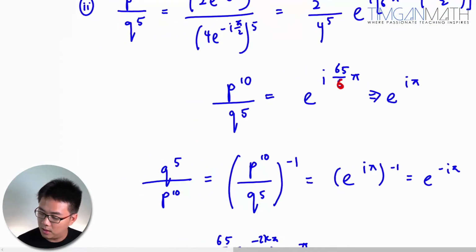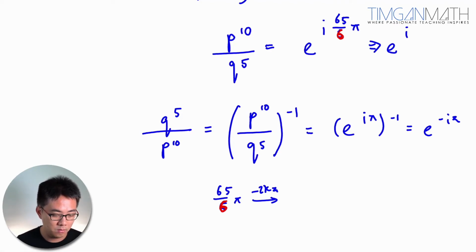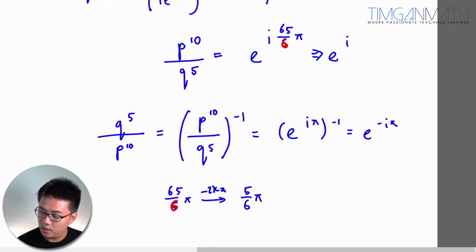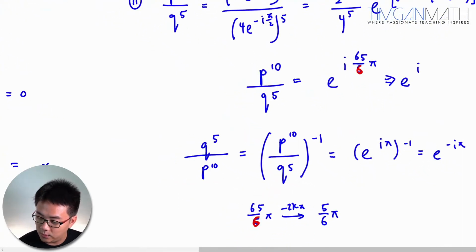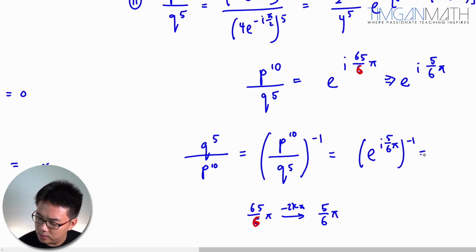So this would be 65 over 6 minus 2k pi, which would just be 5 over 6. Okay, so this is 5 over 6 pi. There's a mistake there. So anyway, this would be e^(i 5/6 pi), and this will be e^(minus i 5/6 pi).